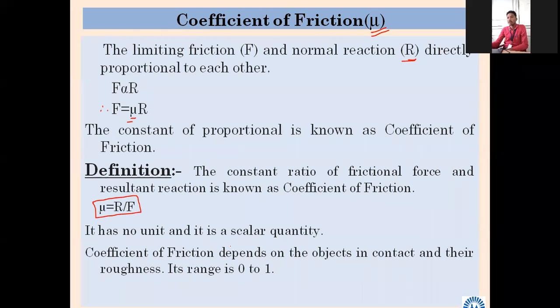Coefficient of friction depends on the objects in contact and their roughness. This one is also important. I will not go into more detail, but its range is 0 to 1. So that is called as coefficient of friction.